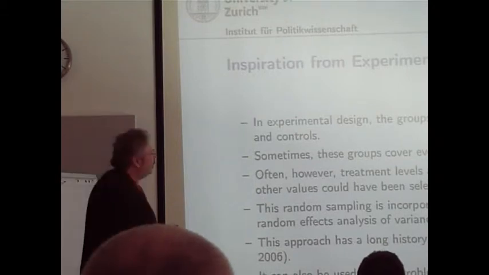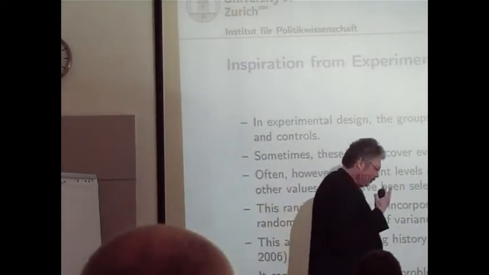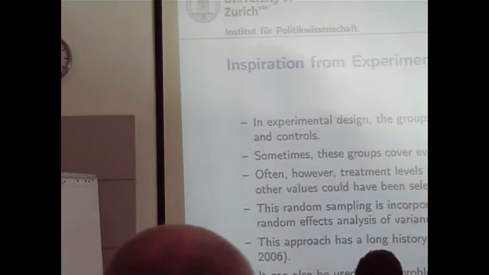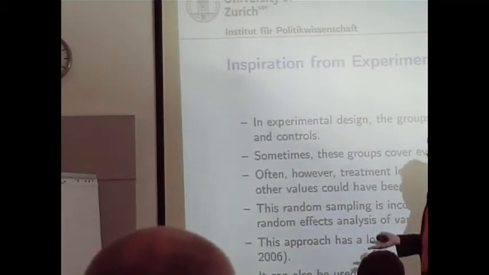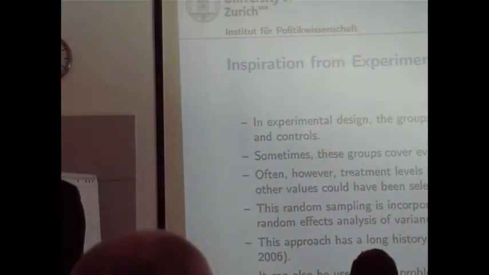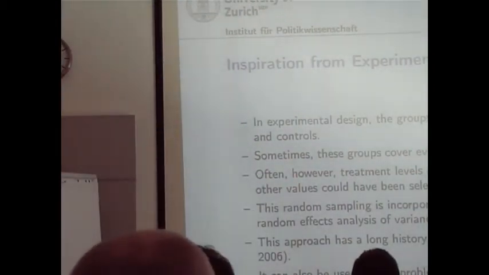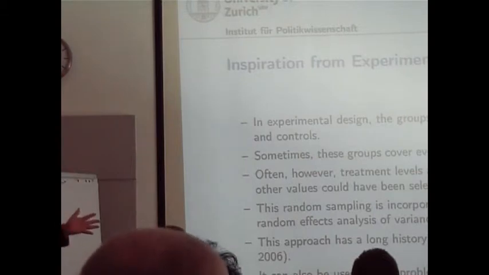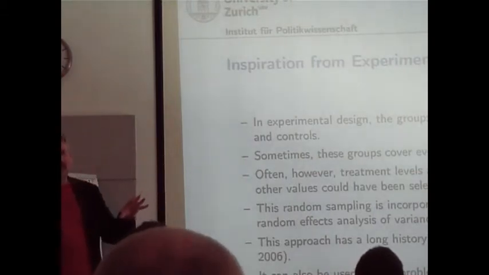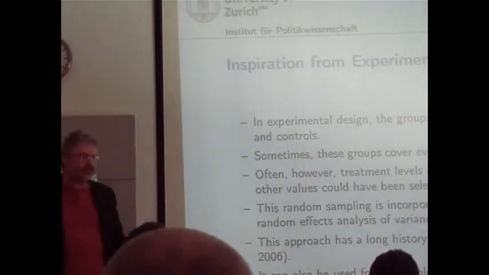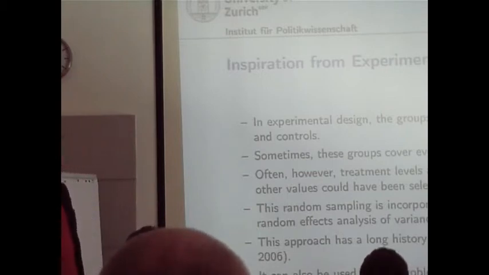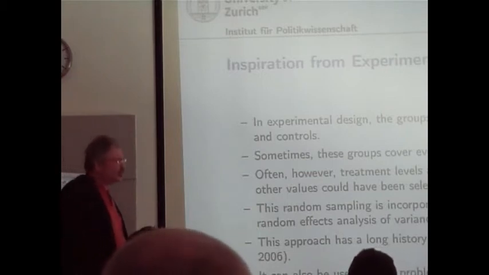Because the typical experiment also consists of groups. Some of them receive a treatment, others receive a control. Sometimes in experimental design, we can really say that these groups are the only ones that I'm interested in. But sometimes it's a little bit different.